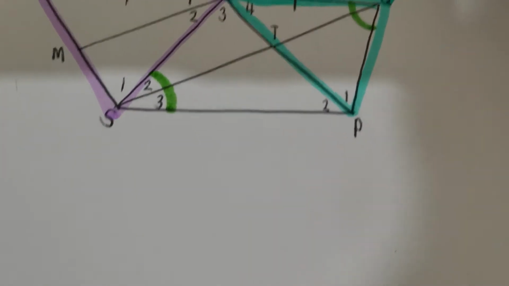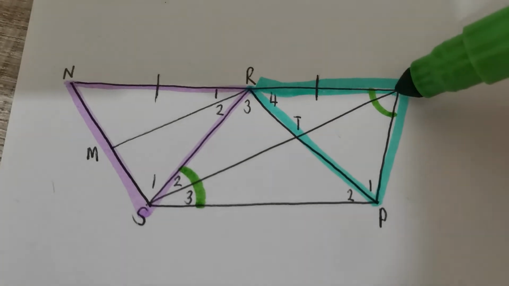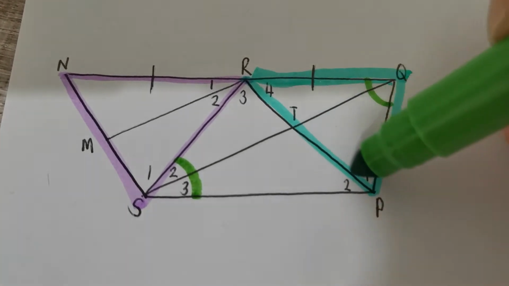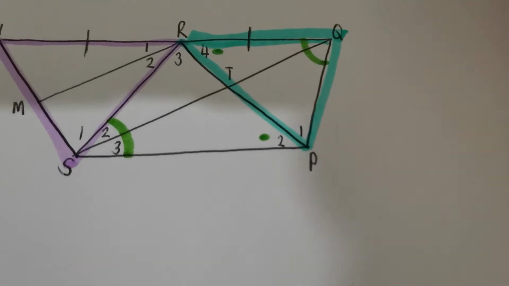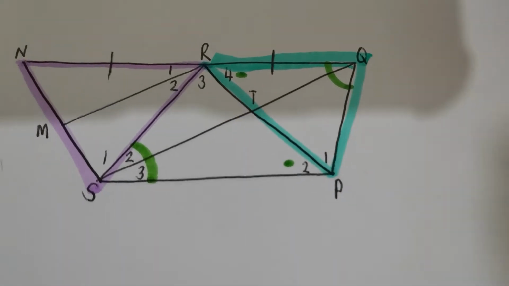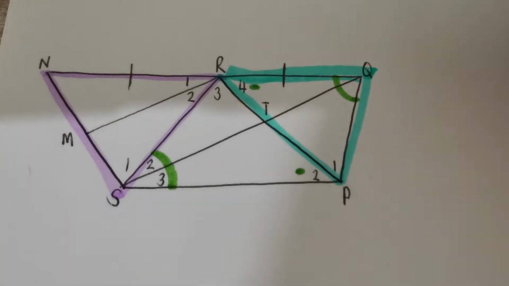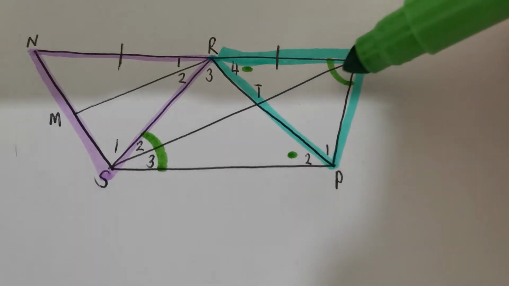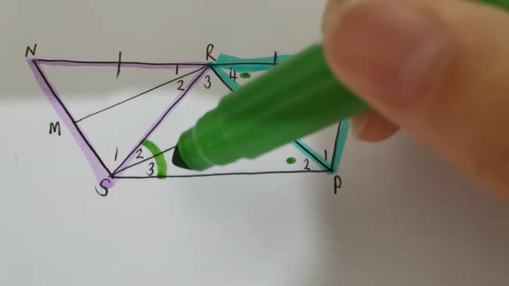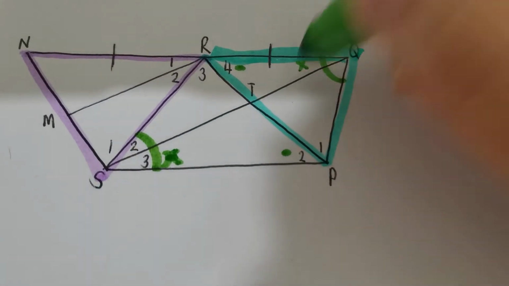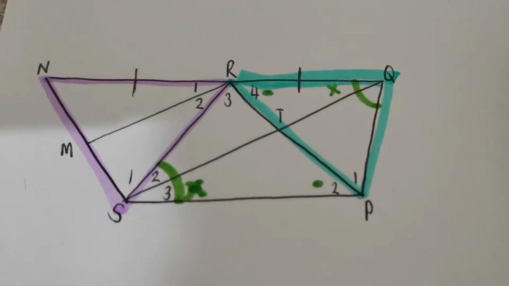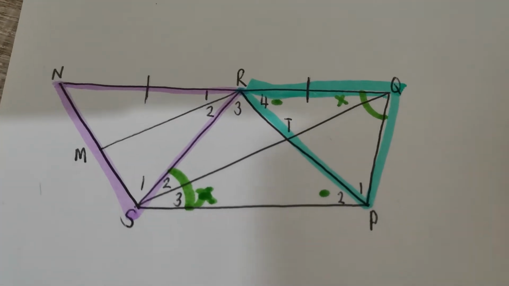What else do we know? We know that the sides are parallel, so let's draw the Z. Okay, you see the Z with me? This angle would be equal to this angle. Not helping us so much yet, but let's fill in the rest. If we draw the Z in the other direction, we know that this angle here is equal to this angle over there.